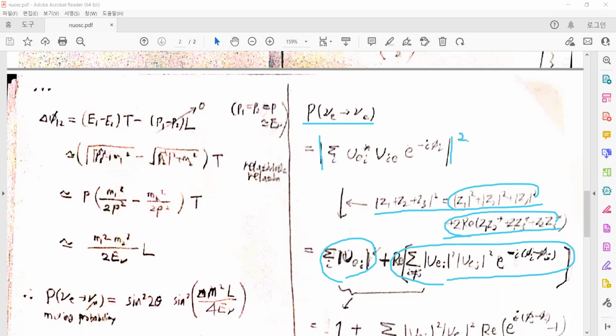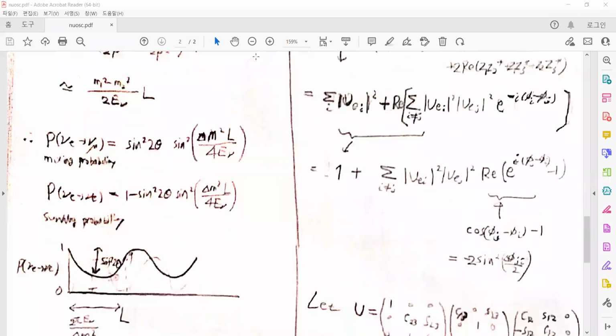And from the identity of the unitary matrix, this term and this term give just one, and the remaining terms will give this term. And there will also be a phase difference. We already saw this in the two-flavor case, and such a phase difference can be written as a sine squared, and also such a phase difference can be written with the mass squared difference, the distance, and the energy.